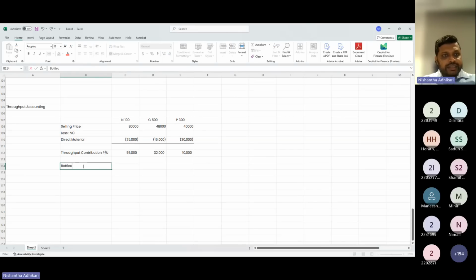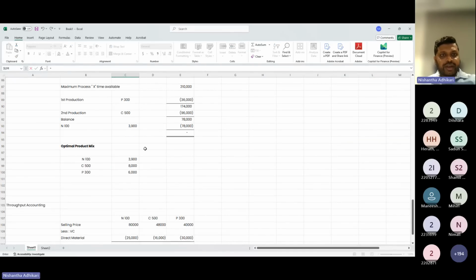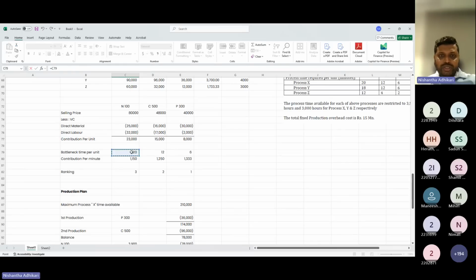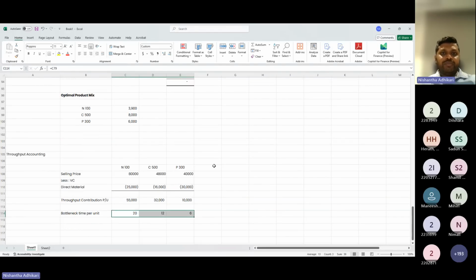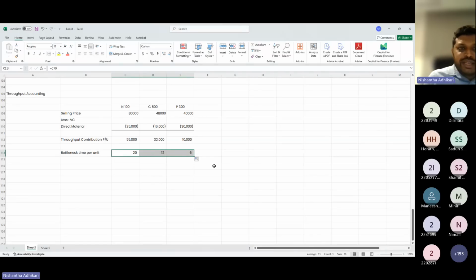Then now you have to calculate bottleneck time per unit. Same as earlier, N100 requires 20 minutes, 12 minutes for C500, and 6 minutes for P300. Then I can calculate throughput contribution per minute or per hour.